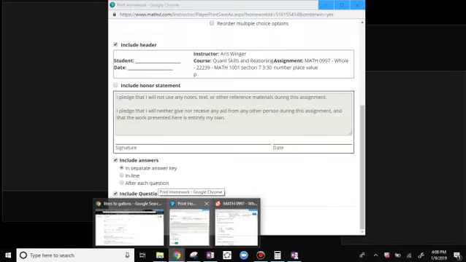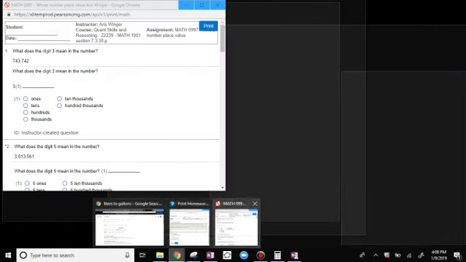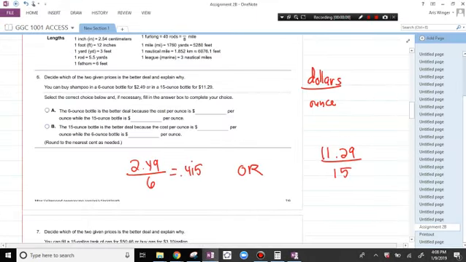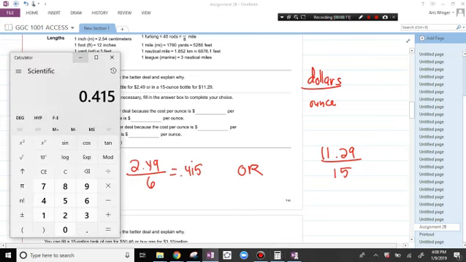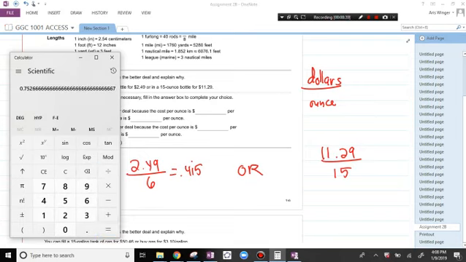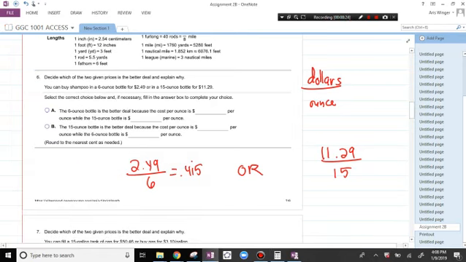And then we're doing $11.29 divided by 15 is 0.7533, and that is dollars per ounce.